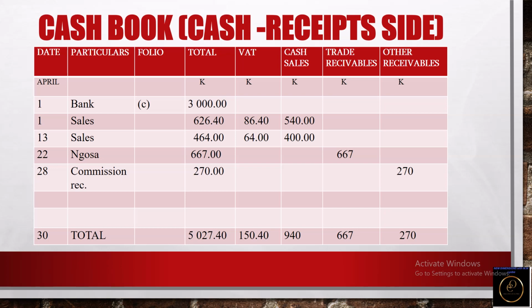Net VAT refund will end up with us claiming VAT from the Revenue Authority. So in this case, we have 540 kwacha. So when you calculate 16% of 540 kwacha, you come up with 86 kwacha 40 ngwee.